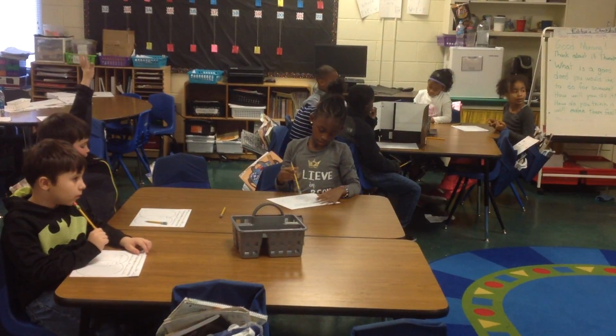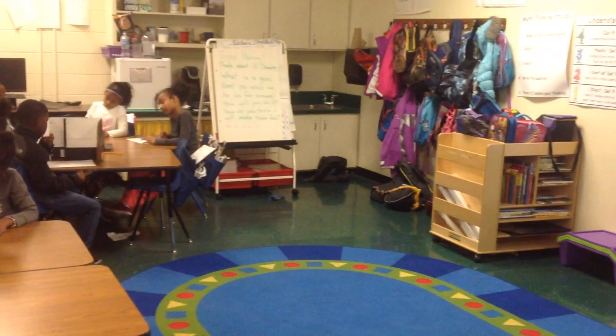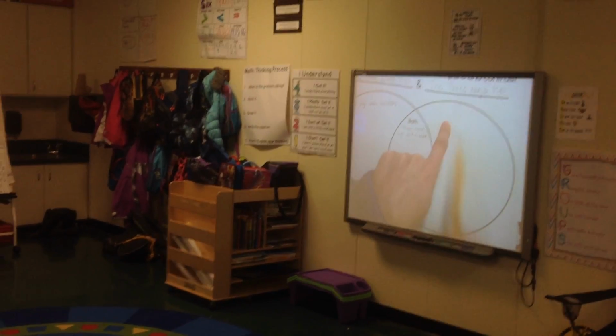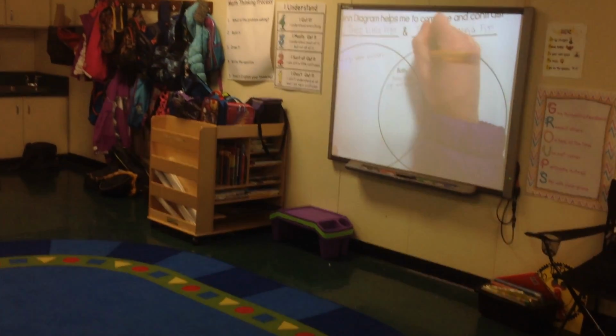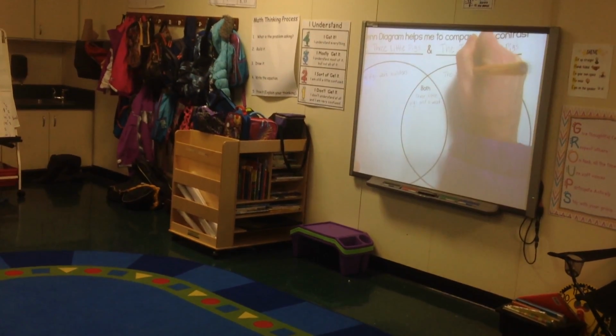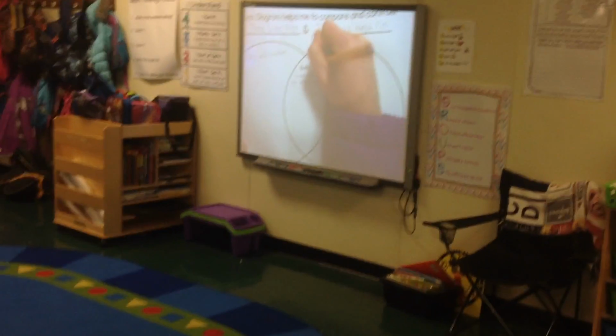The pigs were ninjas. Right, so whatever we write on this side, it needs to make sense. It needs to line up, just like when you do a math problem, you line it up. So you want it to make sense when you read it, right? So the pigs were ninjas.